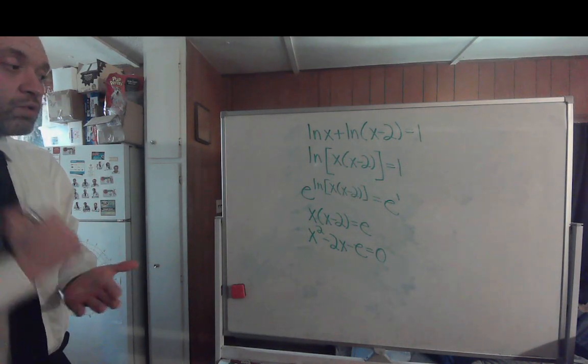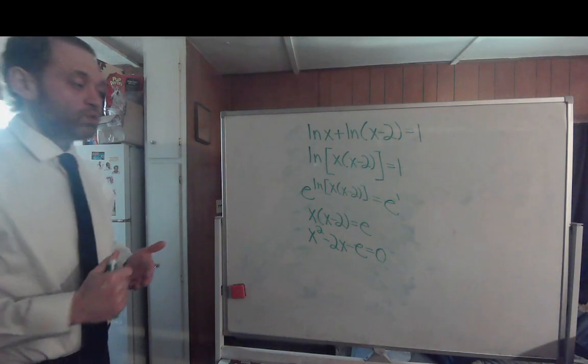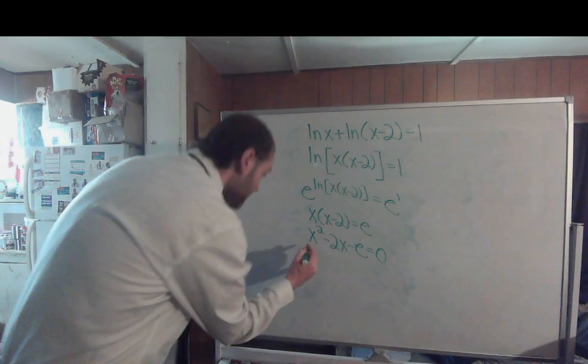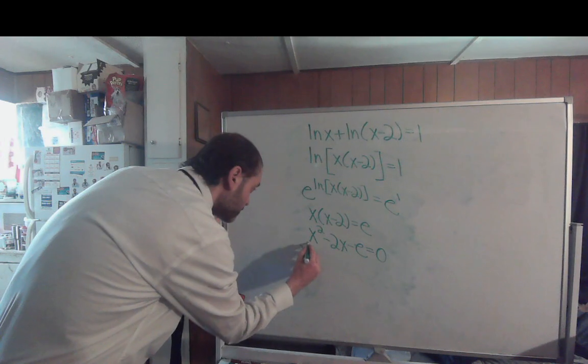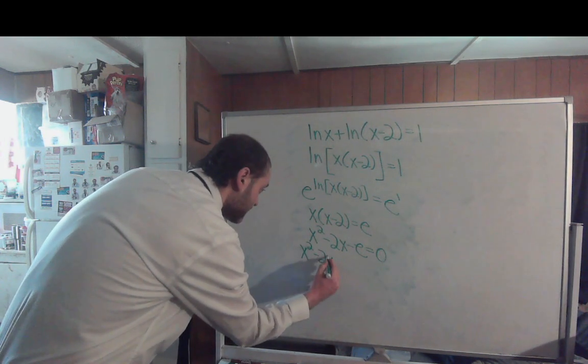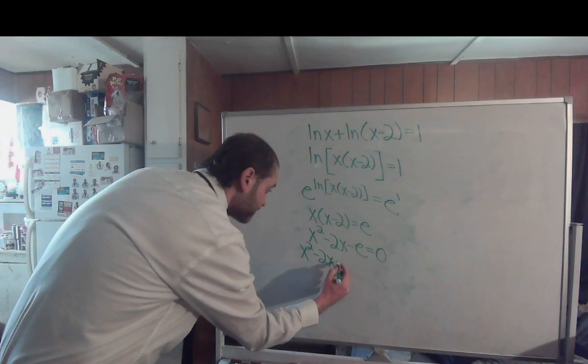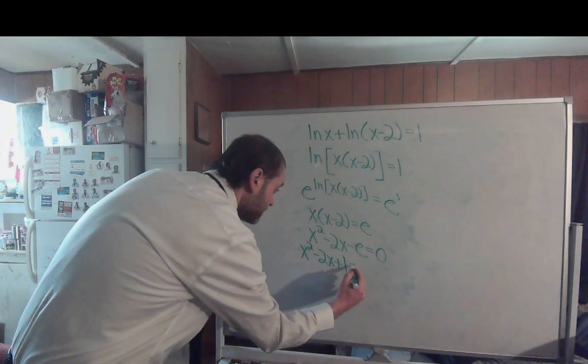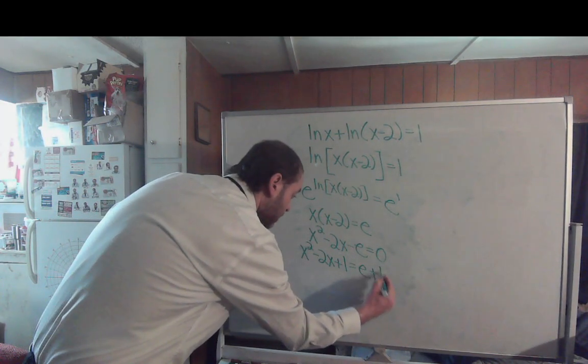I think we can solve this by completing the square instead of using the quadratic formula. So this will turn into x squared minus 2x plus 1 would equal e plus 1.